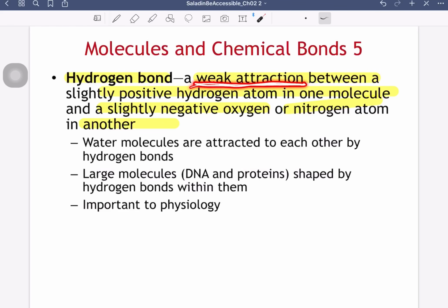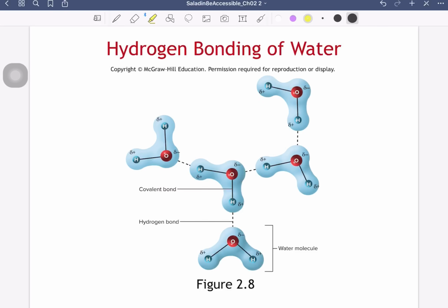But on the other hand, if I had a whole bunch of weak bonds acting in the same location, their collective force could be quite strong. So what we see in large molecules like DNA and proteins, hydrogen bonds help to give them their shape, and it can be quite strong if there's a number of them. And they have many important roles in physiology, which we'll probably come across as we go through the various chapters.